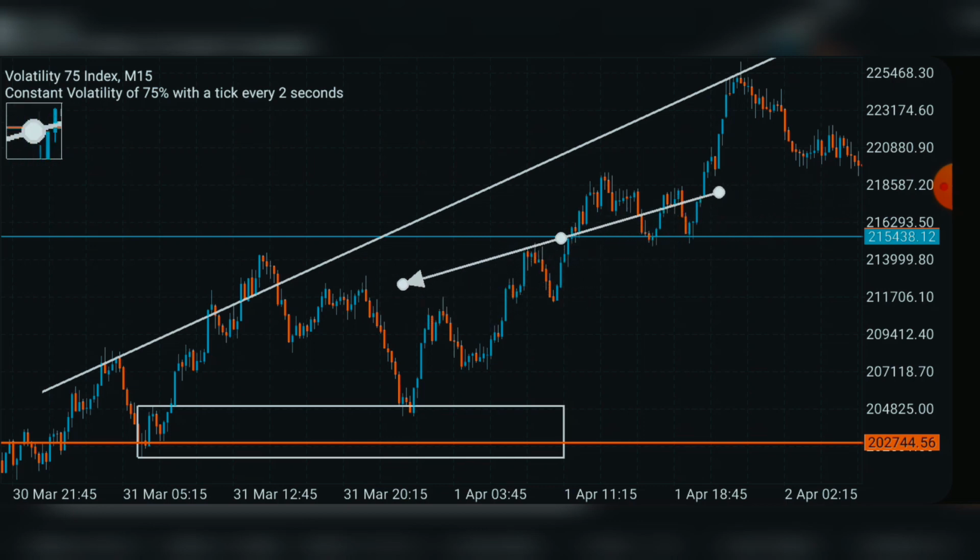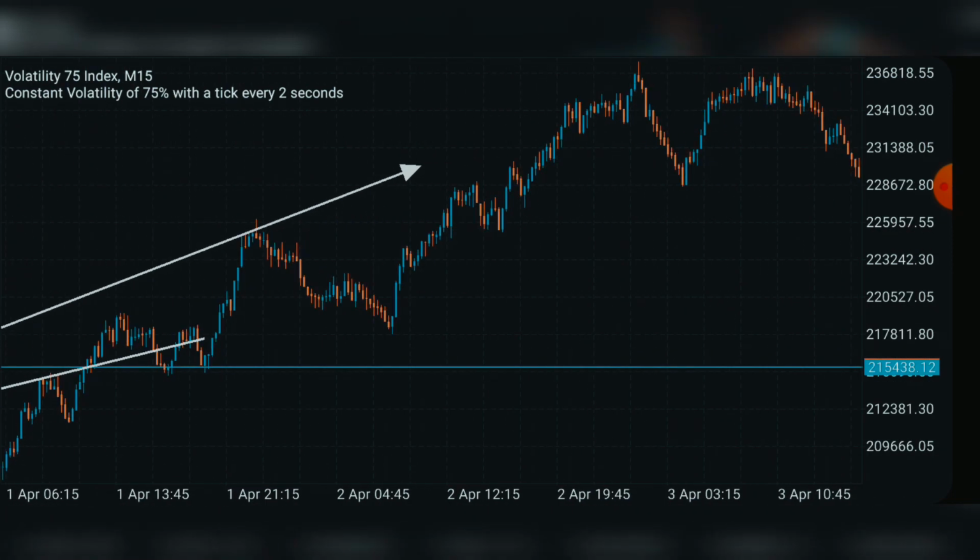So this was a breaker block basically, and then it pushed off from this supply zone. So it came back into the order block areas. And then right here, it consolidated, it retested this higher zone here. Right? But this is all demand. So it came back into the demand zone, came back into the demand zone, and then it pushed off. Right? That's the basic understanding of what a demand is.